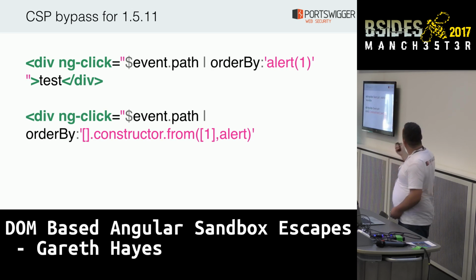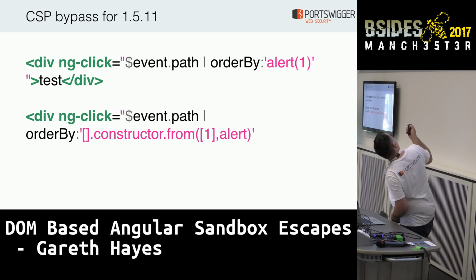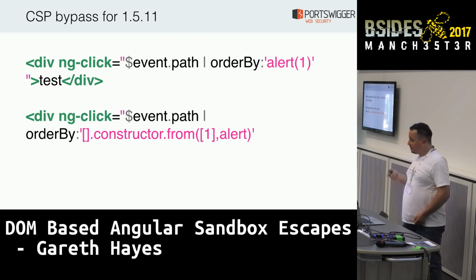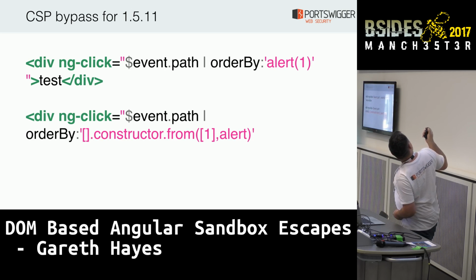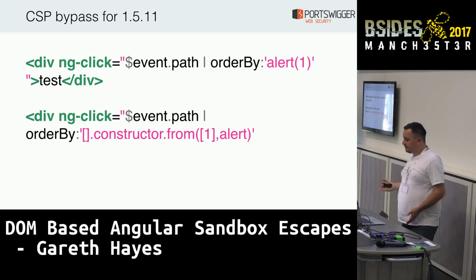So we pass the path property to the orderBy filter and then use array.constructor to get the Array constructor, call the from function with alert(1). That gets converted to an array even though it's already an array. And then alert will be called on every element of the array and then bypass the sandbox. And that works in CSP mode.